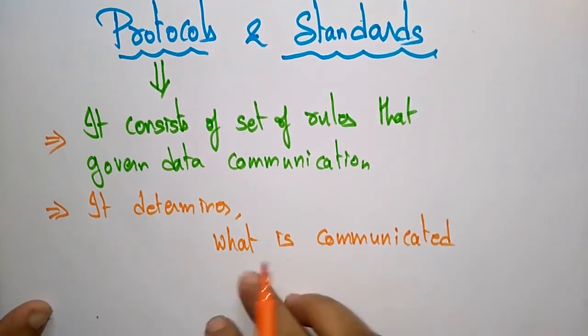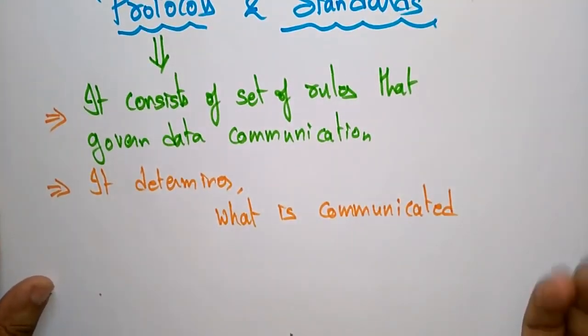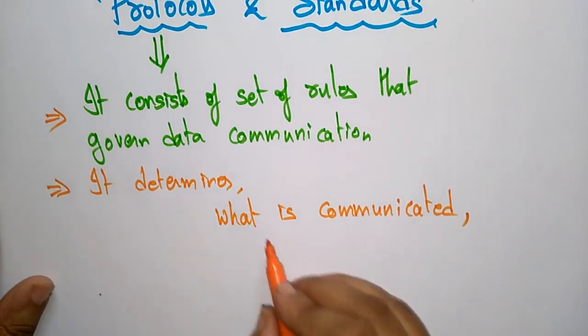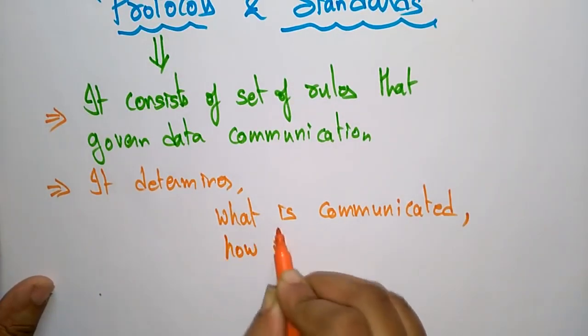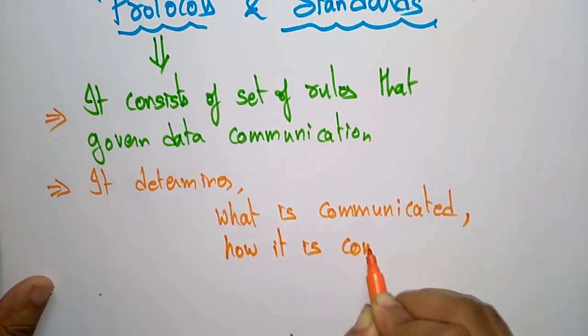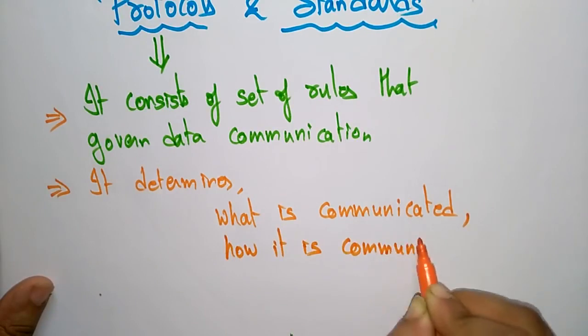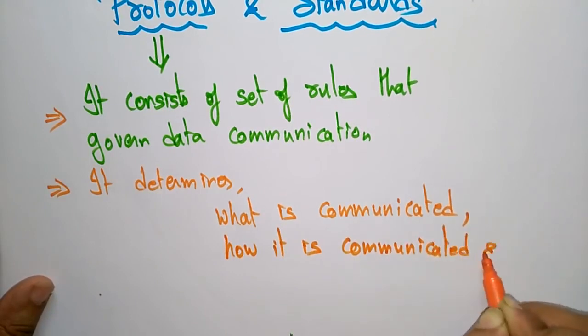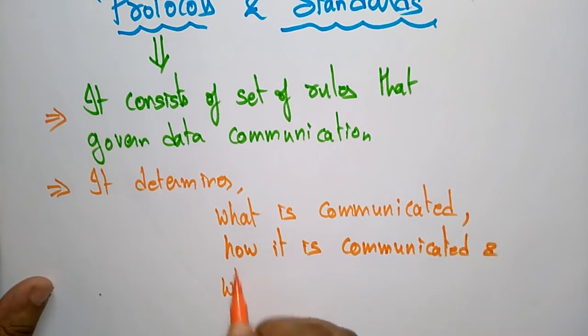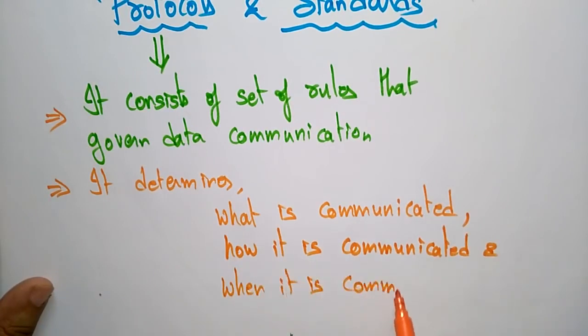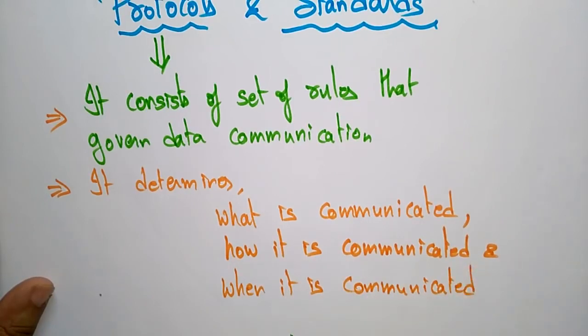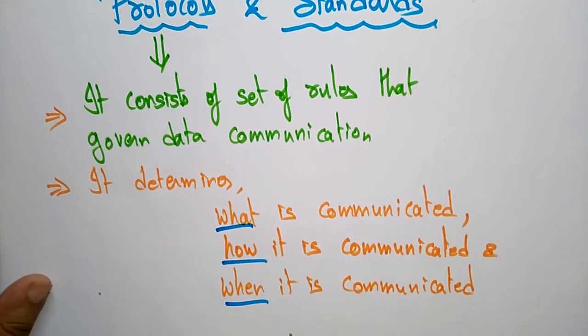The rules are what is going to be communicated, how it is communicated, and when it is communicated. So these are the set of rules that the devices have to follow. What, how, and when.